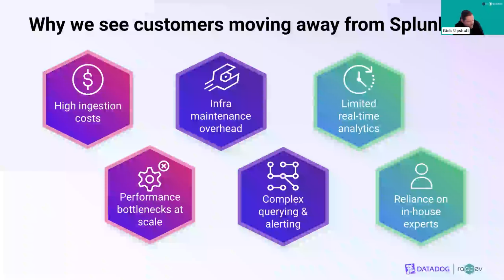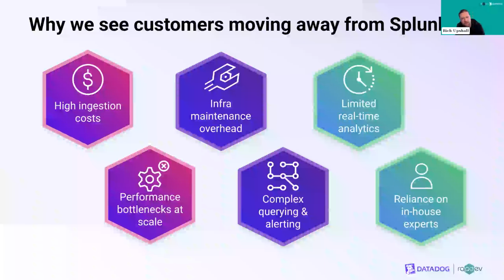team. Along with that large scale comes infrastructure maintenance overhead. Whether you're using Splunk on-prem or Splunk in the cloud, there's a lot of overhead that needs to happen in terms of compute and storage and the ability to pull those metrics as and when you need.